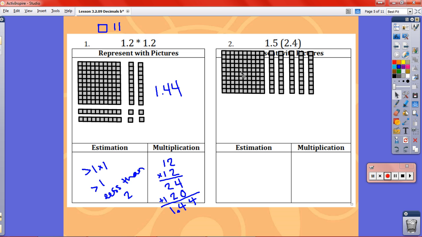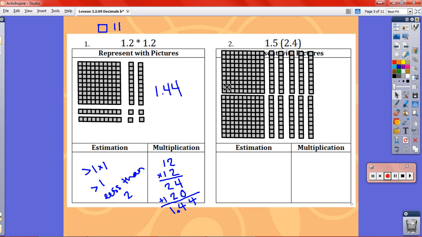So this is one group. Let's make a second group, because we have 2 whole groups. But then we also have 4 tenths of a group.